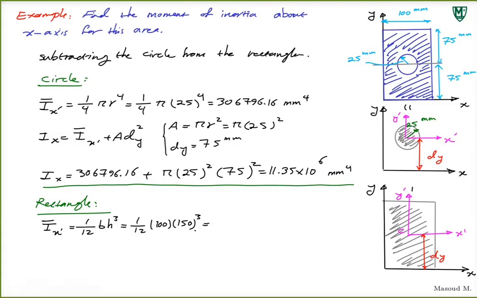So that will give you the moment of inertia about x prime, the axis passing through the center. That will be 28.125 times 10 to the 6 mm4.